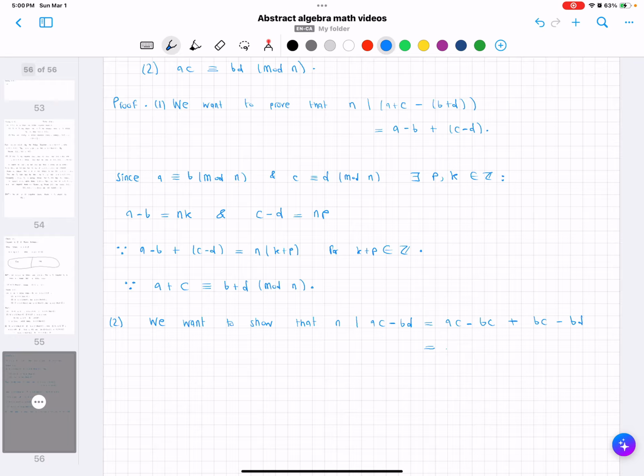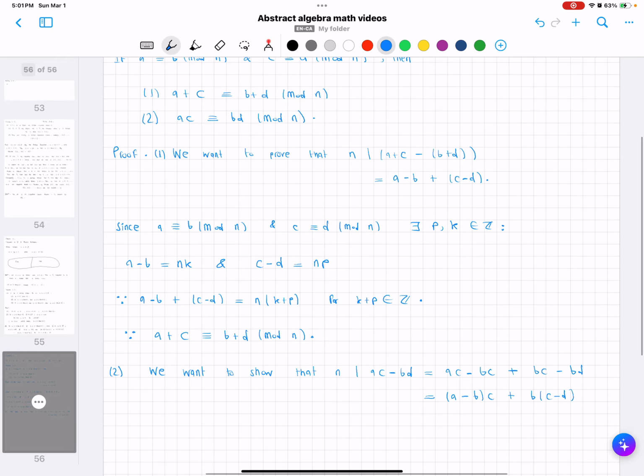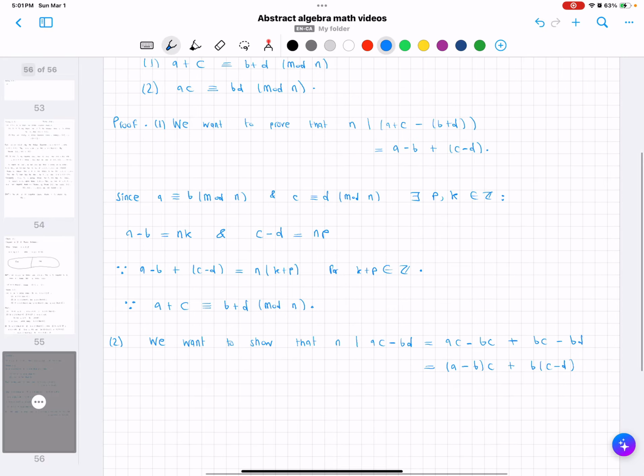So this is the same thing as A minus B times C plus B times C minus D. The reason we add this clever 0 is that when we expand multiplication, things cancel out, so there is a hidden telescoping variable, so to speak, just as we have seen from problem 1.